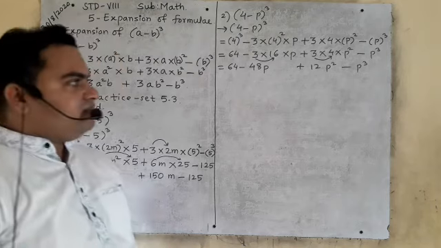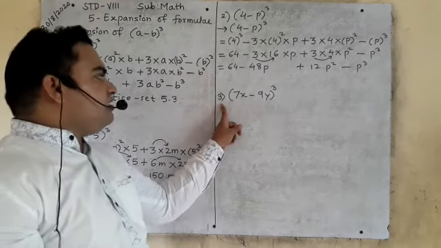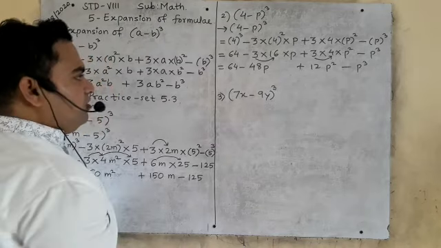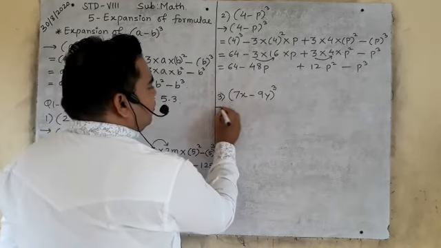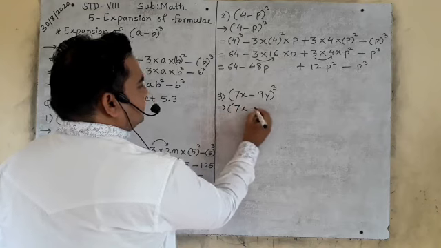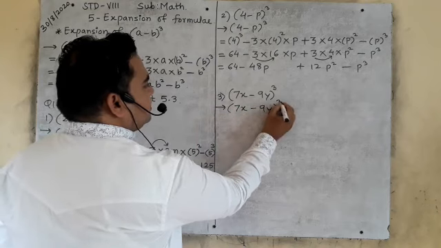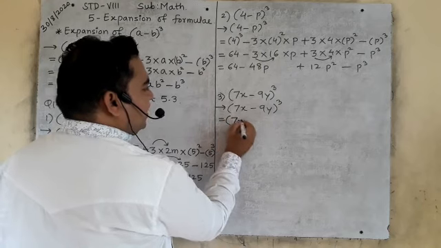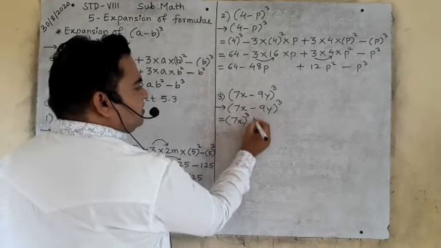Is it clear? Now we will see the third question, 7x minus 9y bracket cube. Now you have to solve this. First you will copy the question as it is, 7x minus 9y bracket cube. Give this cube to the first term. First term is what? 7x cube. Sign minus.